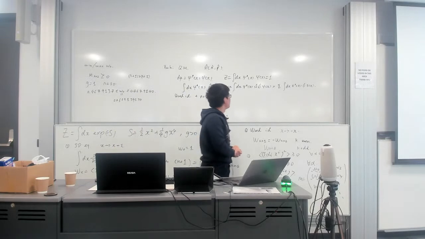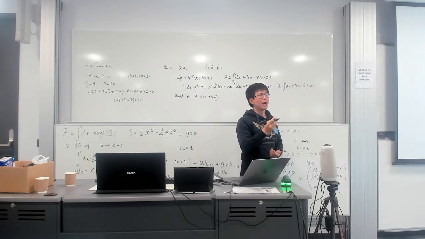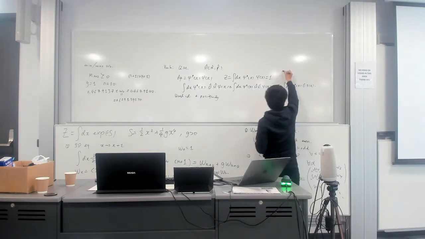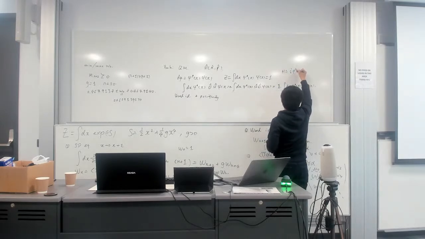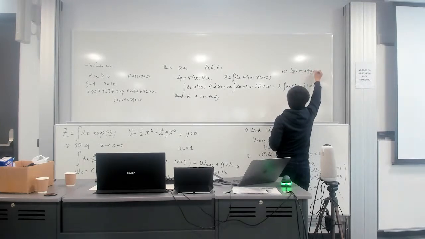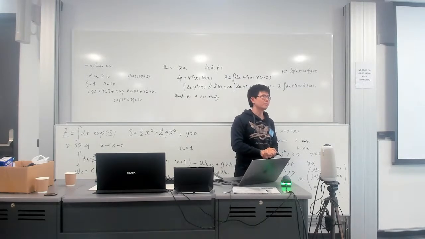Yeah, so suppose you are given a Hamiltonian, say what it is. Let's say it's a harmonic oscillator, that is H equals p squared plus x squared plus a quartic term. This model is also exactly solved by some resurgence theory.